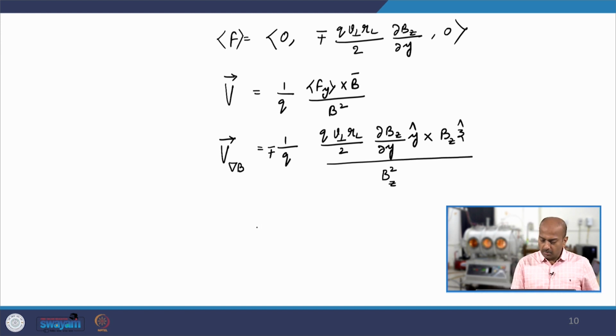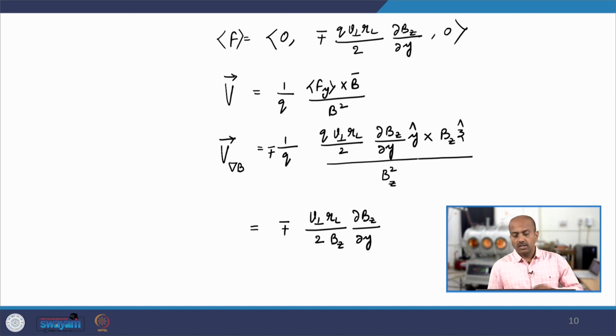Or in simple terms, we can write it as minus plus v perpendicular RL by 2 Bz dou Bz by dou y.